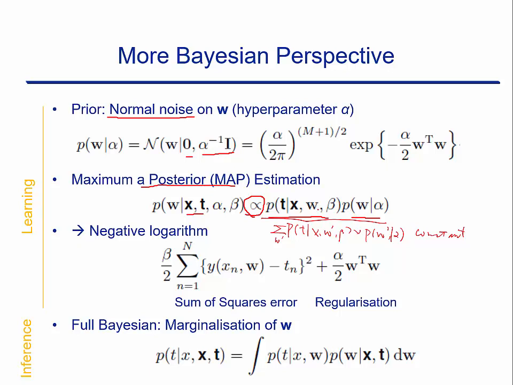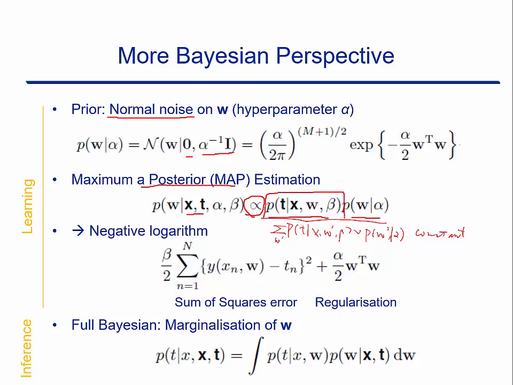Now, let's take the negative logarithm of the posterior probability. By taking the negative logarithm, the right-hand side of the equation will be reduced to the two parts in this new equation.